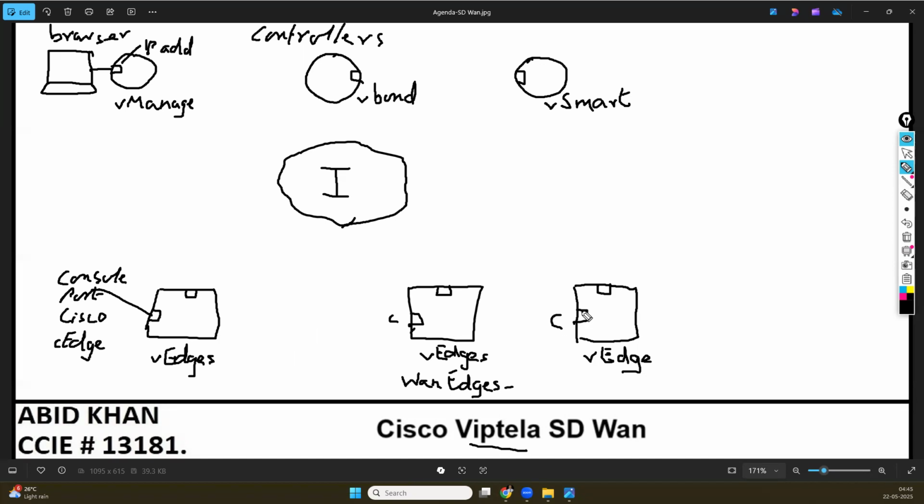So how will these 3 branches be connected? You require some WAN service. And as I said, today the most popular WAN service in the world is the Internet. So you take up internet service from some service provider, you connect this. And now the management and all these controllers also need to have connectivity to this.